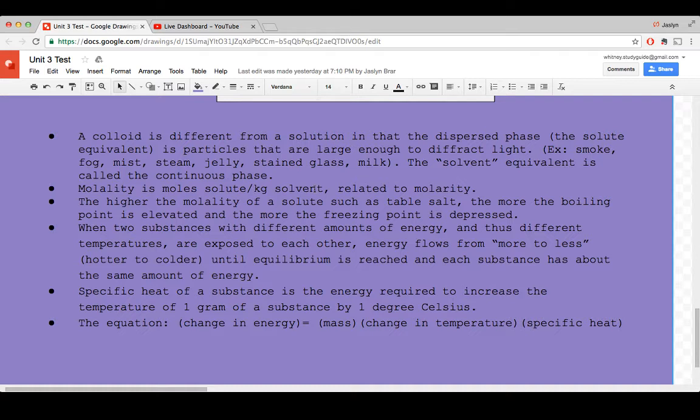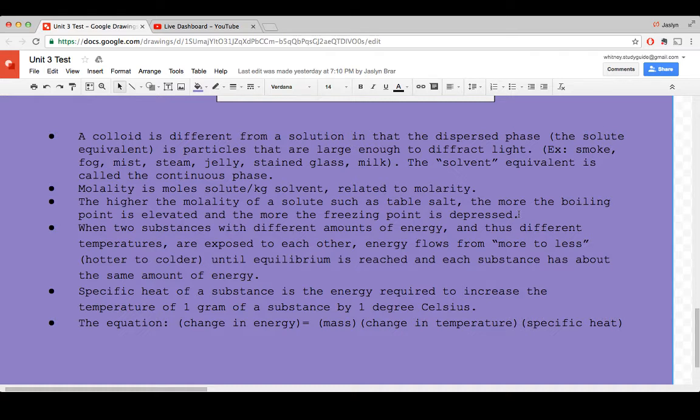And the more solute that you have in a solution, the more the boiling point is elevated and the more the freezing point is depressed. So if you just talk about it in simple terms, if you increase the molality of a substance, then you increase the range of temperatures at which a substance can exist in liquid form.